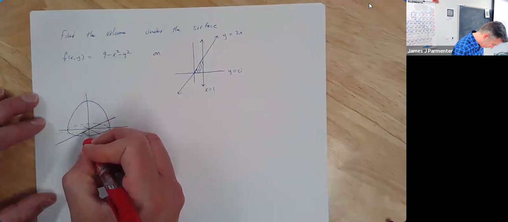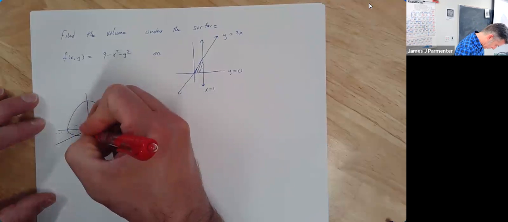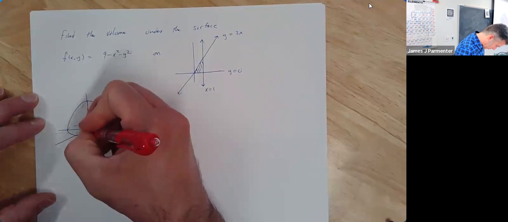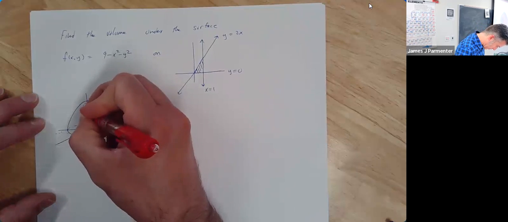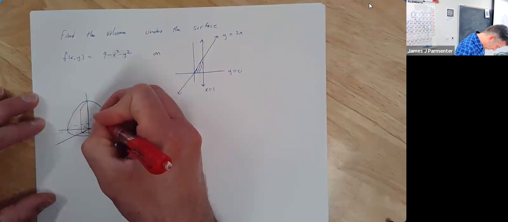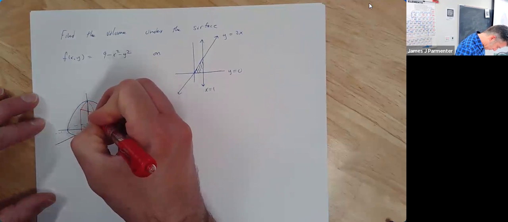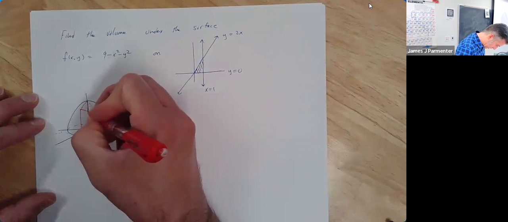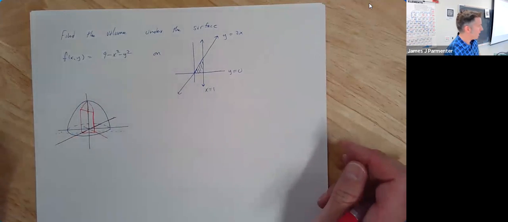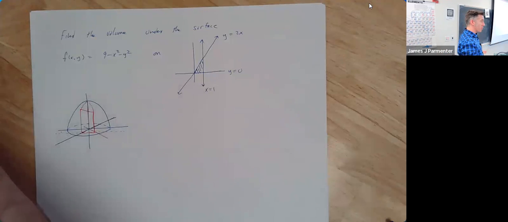So it's this little triangle, and then going up like this, and like that. So there's the triangular prism shape that you've got, which at least helps you think about what we're doing.